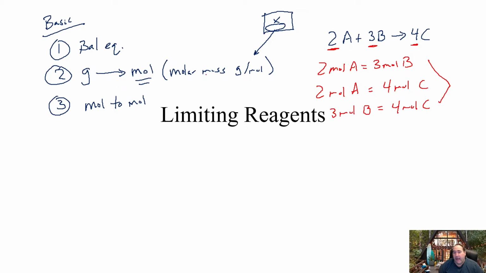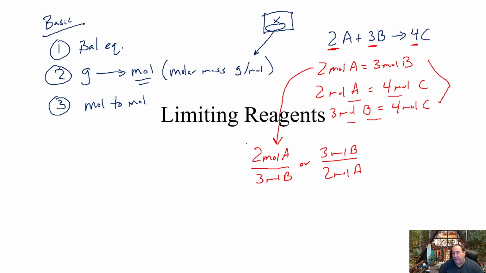And because technically speaking they are equalities, you could write 2 conversion factors for each of these. For example, this one: 2 moles of A over 3 moles of B, or 3 moles of B over 2 moles of A. And again, you could do that for each of these down here.